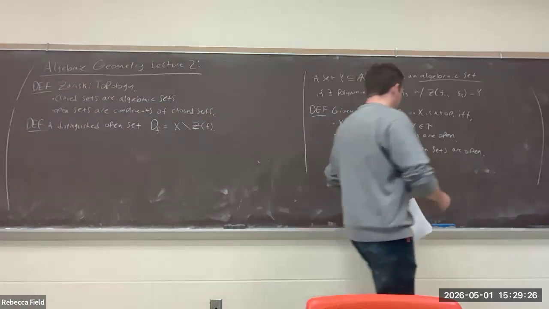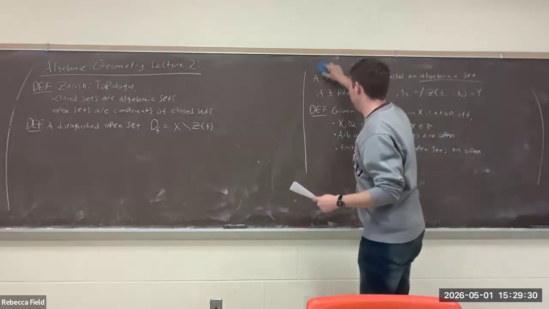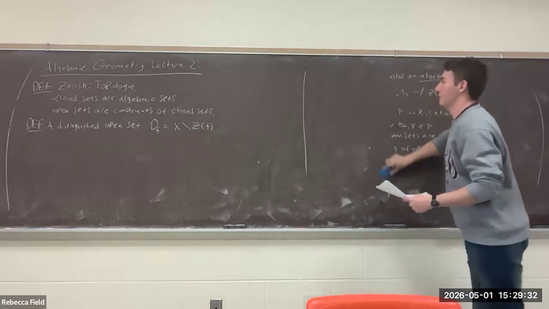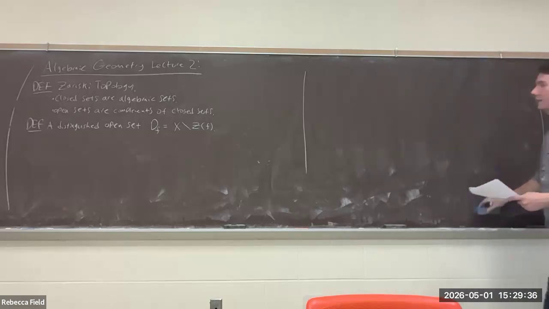Okay, so an affine variety is a closed set in the Zariski topology. Then a quasi-affine variety is a distinguished open set of a variety.